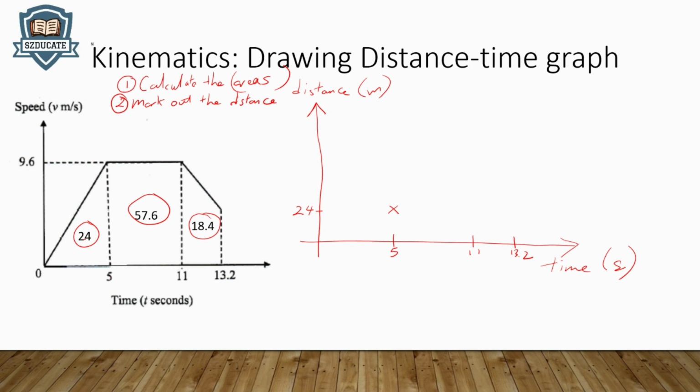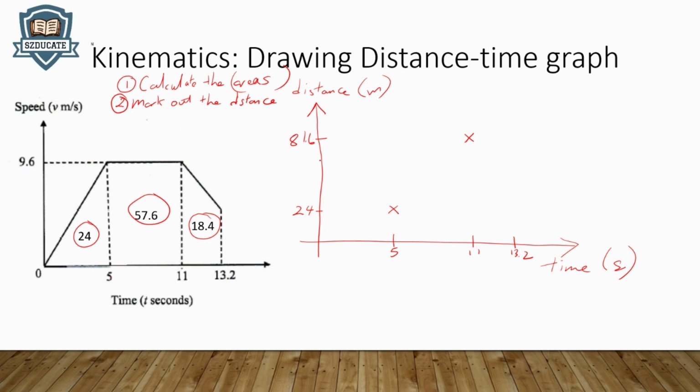After 11 seconds, we have traveled a total of 24 plus 57.6, because 57.6 is between 5 to 11. But your distance time graph is for the total, so when you add them together, you get 81.6. So 81.6 will be nearer here. Again, mark out the coordinate first.